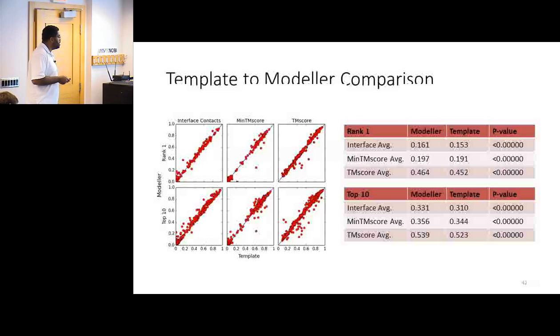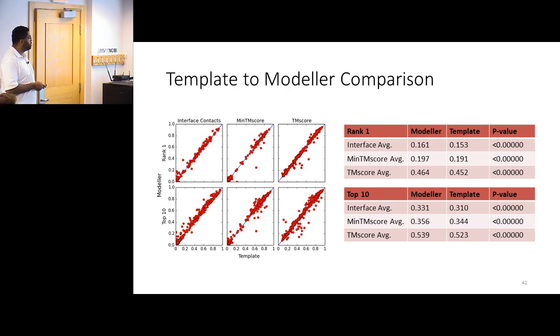So here we see a comparison of Modeler to our starting templates, and so this is the first model generated by Modeler, and the first template with the highest confidence on this side here.